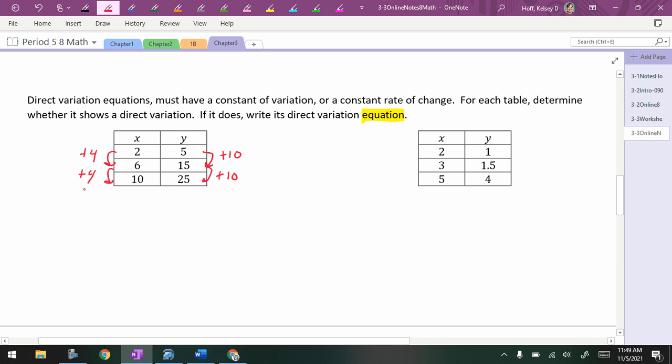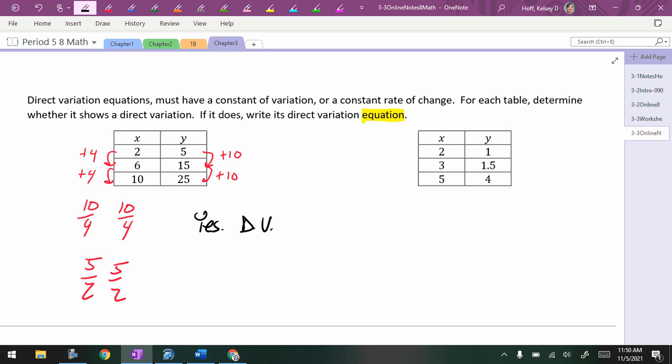Which one goes on top? 10 over 4, 10 over 4, which is good. They're the same, but we got to reduce 10 over 4. Really it's divide by 2, and you would get 5 over 2 and 5 over 2. So yes, this is a direct variation because those are the same.